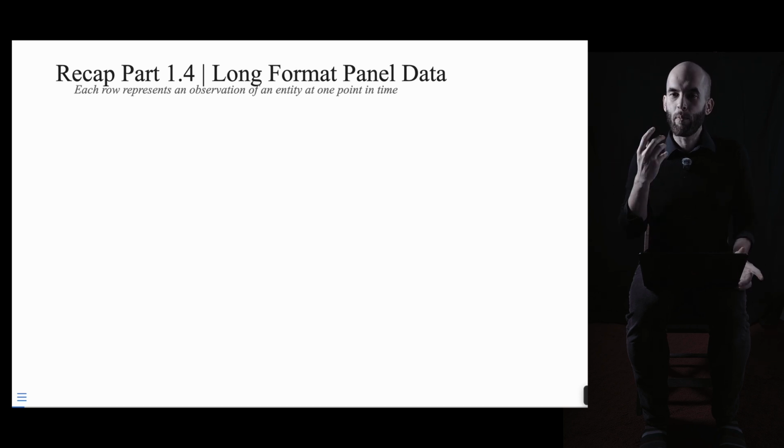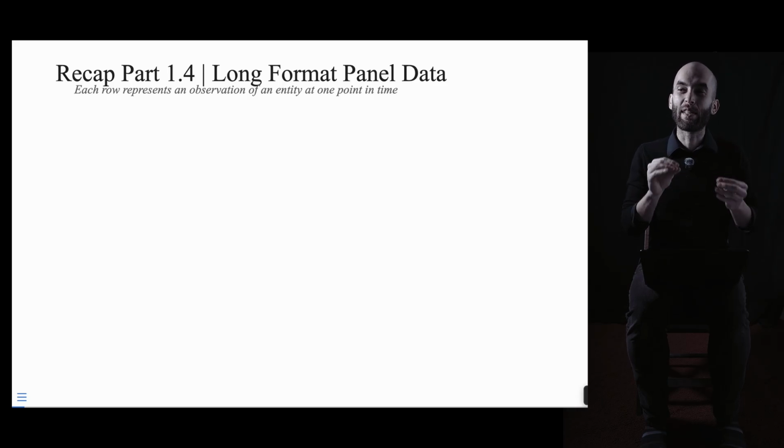And we talked about one particular format for panel data. Cross-section and time series only have one format. Panel data has two formats primarily because we have these two running dimensions, the entity and the time dimension.